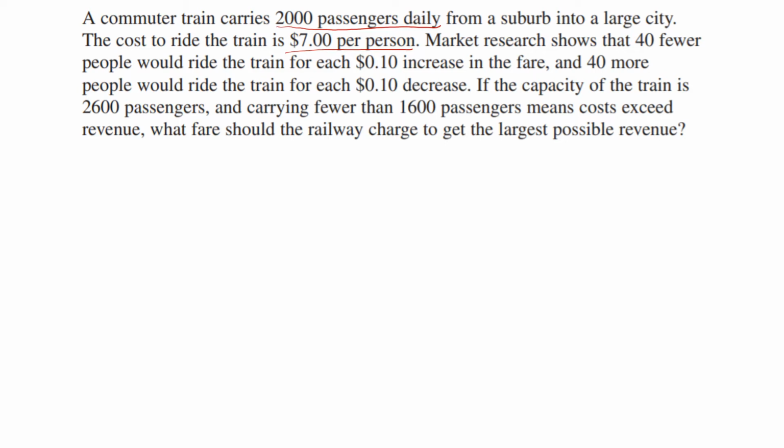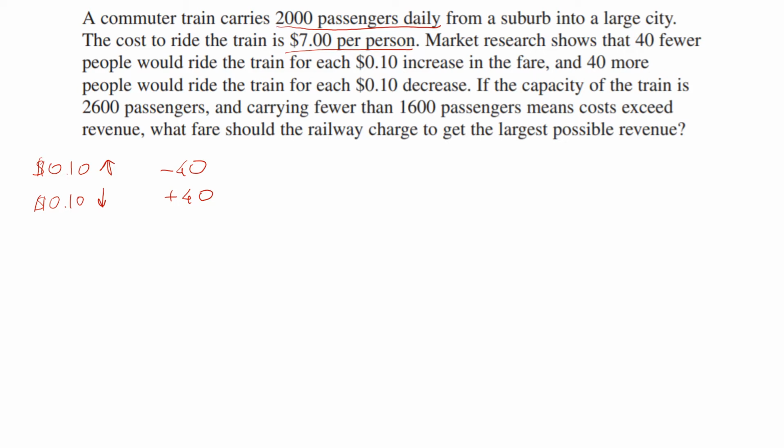So when I increase the price by 10 cents, I get 40 fewer people. And 40 more people would ride the train for each 10-cent decrease. So I decrease the price, I get 40 more people.